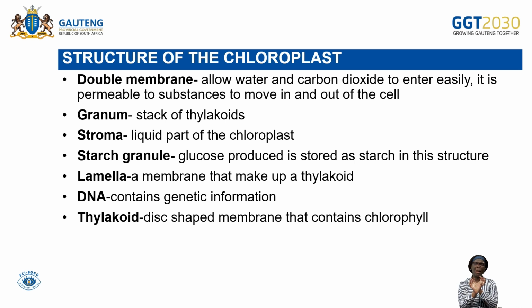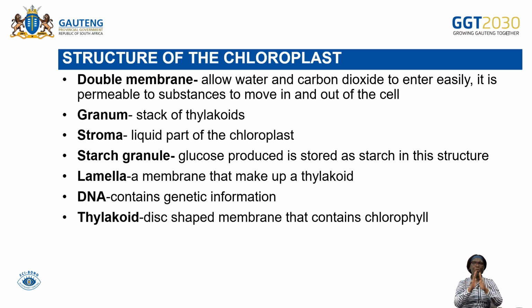Those stacks are stacks of thylakoids that are known as the granum, or the grana. We have the liquid which forms the background of the chloroplast, and that liquid is known as the stroma. The starch granule, where glucose produced will be stored in the form of starch.